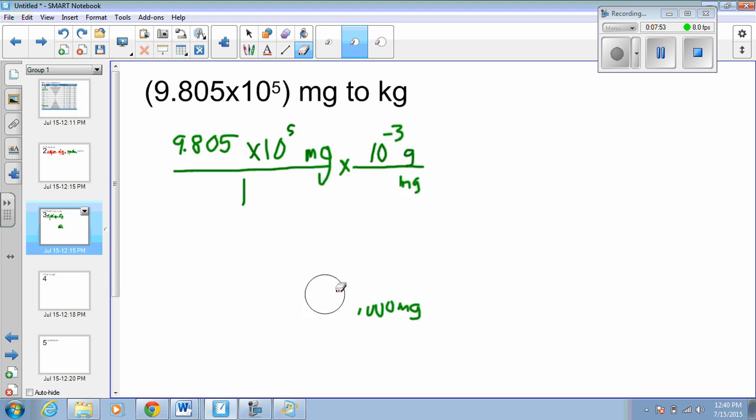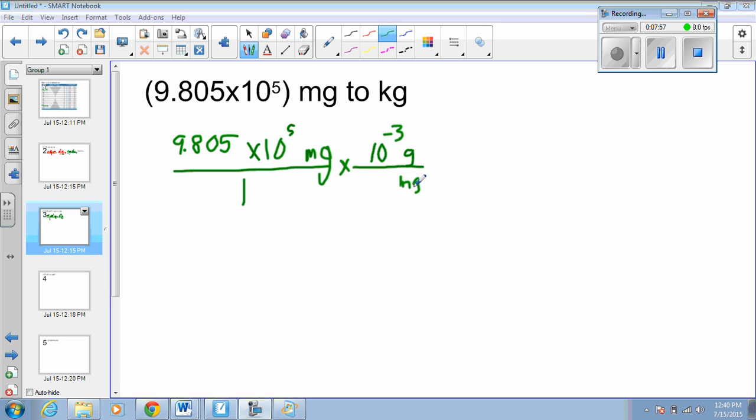So now I've got grams to milligrams. I know the milligrams is going to cancel out. And then I want to go from grams to my final unit, kilograms. And 1 kilogram is 1,000 grams, or 10 to the third grams.